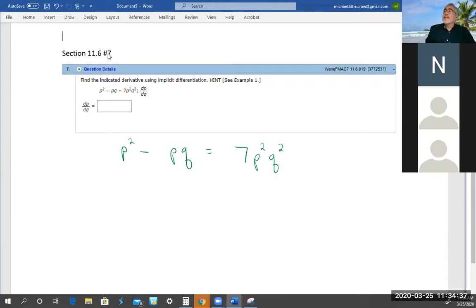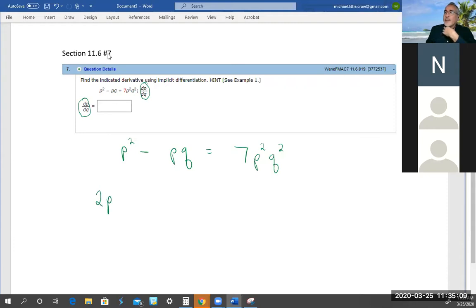In this case, we're taking the derivative with respect to q. That's kind of key to see, what are they wanting us to take the derivative with respect to. In this case, p is acting like how we would usually treat y. So when we take the derivative of p squared, the 2 comes down.